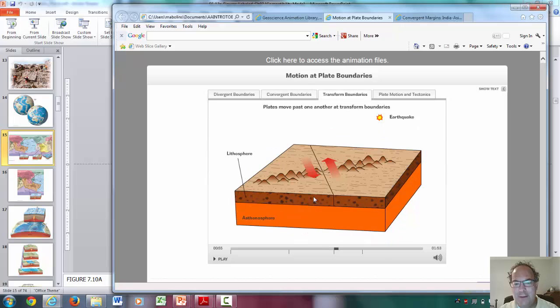In an animation, transform plate boundary, two plates sliding past one another. There they go, two plates sliding past one another. Not a lot of vertical motion between the two.